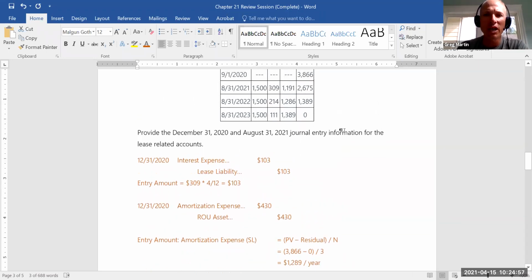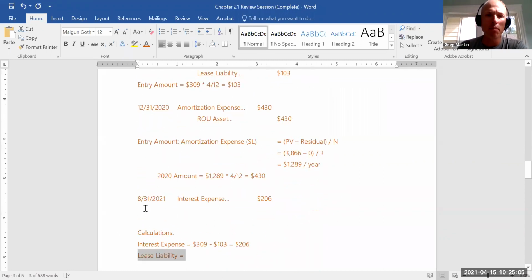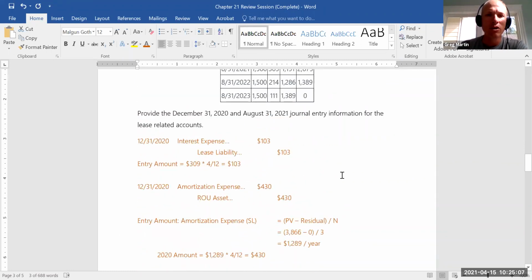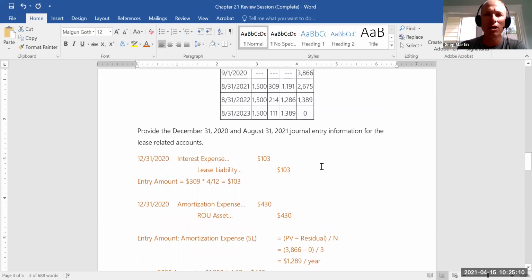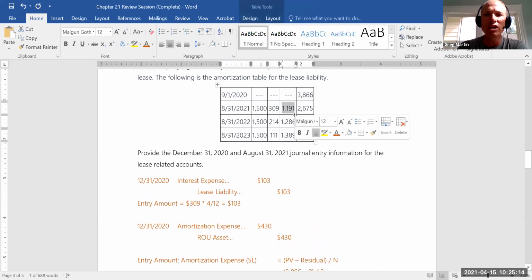And so if we think about the amortization, we're reducing the lease liability account balance. Now, whenever we have a situation where the payment happens in the middle of the year like this, there's two pieces to it that we have to pay attention to. The first piece is the table amount. And we can see that the amortization for the lease liability is $1,191.